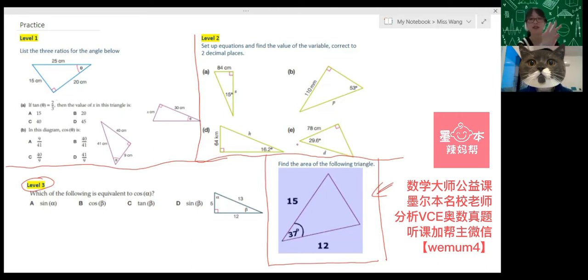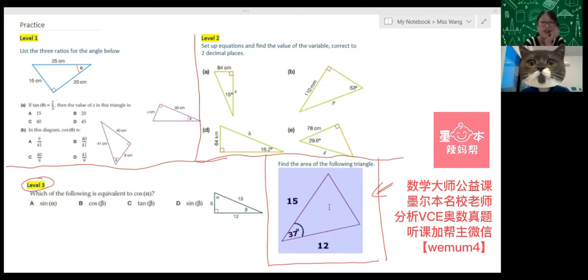I'll just let you work, otherwise I'll keep talking. Everyone, send me the answer if you're ready. This is the last tricky one, level 3. Think about this one.